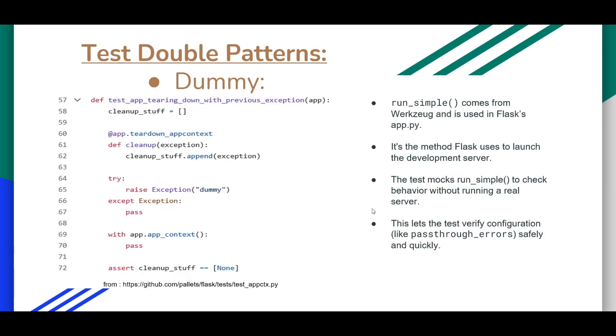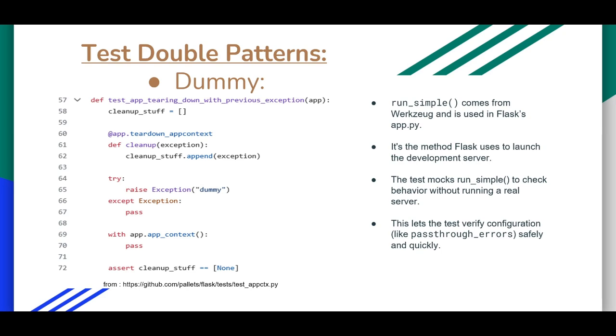Now let's take a look at another type of test double pattern, which is the dummy. A dummy is the simplest kind of test double. It's just a placeholder. You pass it into a function to satisfy an argument, but it's never actually used. There's a good example of this in the Flask tests, which is this test function.